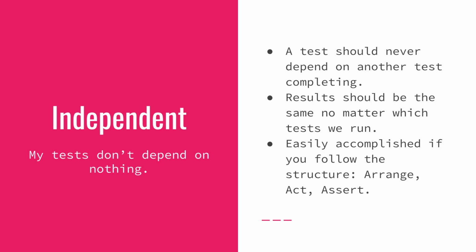Next, we have independent. Your tests should never depend on anything external. They should be run in a void of sorts, right? There should be no external influence on them at all. It's especially important that your test should never depend on another test completing. If you get into this mess, you'll run into a cascading waterfall of failed tests after one fails.